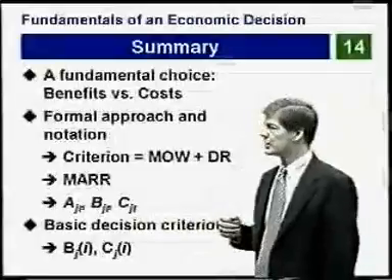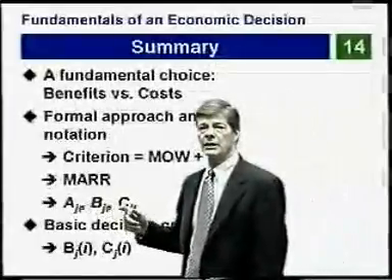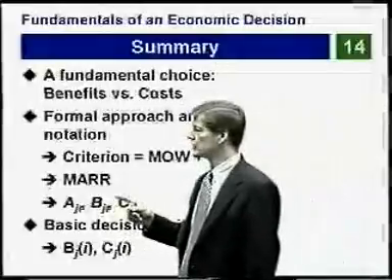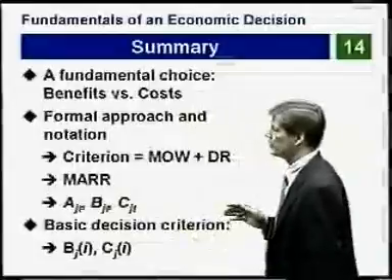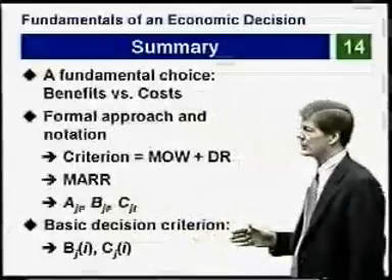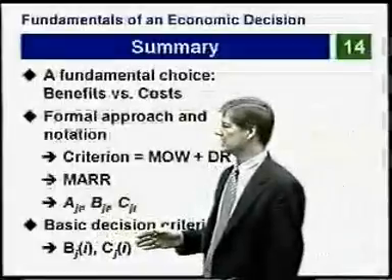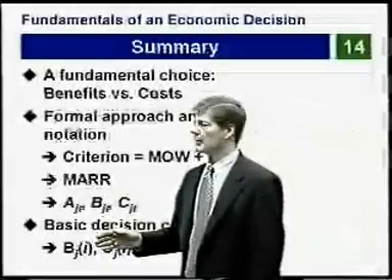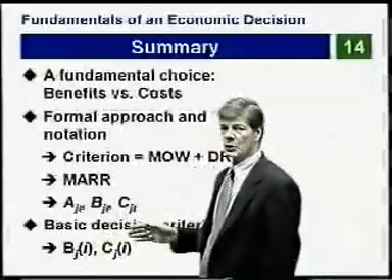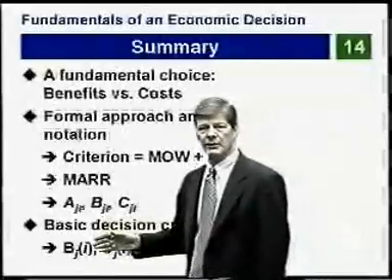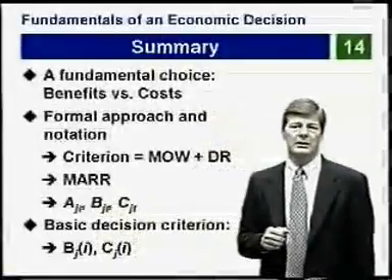And then we introduced some more notation. We let A_j represent a net cash flow, and that net cash flow could be divided into its component benefits and costs. And then we introduced a very basic decision criterion, prospective benefits and prospective cost, and that means basically find the future amount of the benefits and compare it to the future amount of the costs, or equivalently find some present amount of the benefits and compare that to the present amount of the costs.